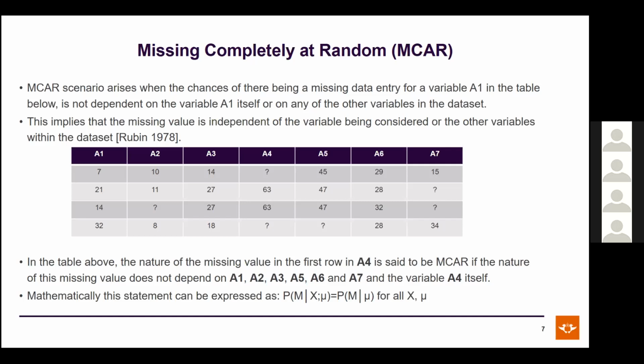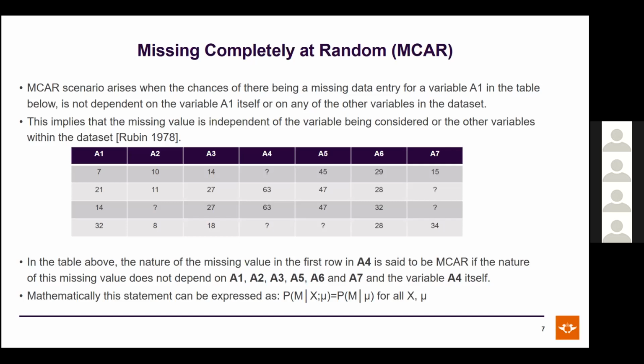Now, what this is basically saying is if we take a look at that first row, in A4, the data is said to be missing completely at random if the nature of this missing value does not depend on any of the other variables in that record or in that row, because rows represent records, columns are variables.